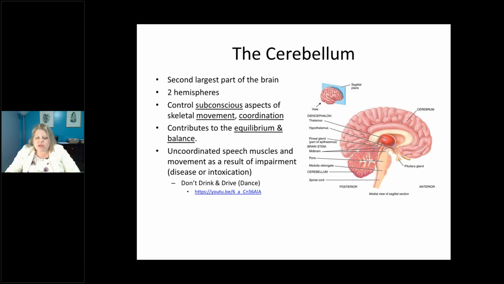It contributes to equilibrium and balance. And when it's affected, whether through disease or intoxication, alcohol or drug use can cause impairment of the cerebellum, causing uncoordinated physical movements, as well as speech.